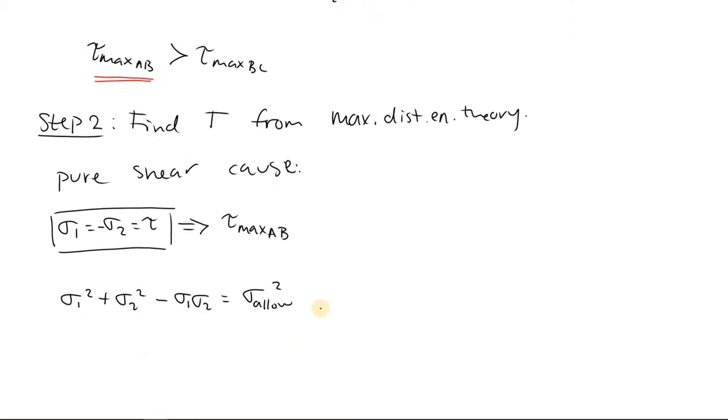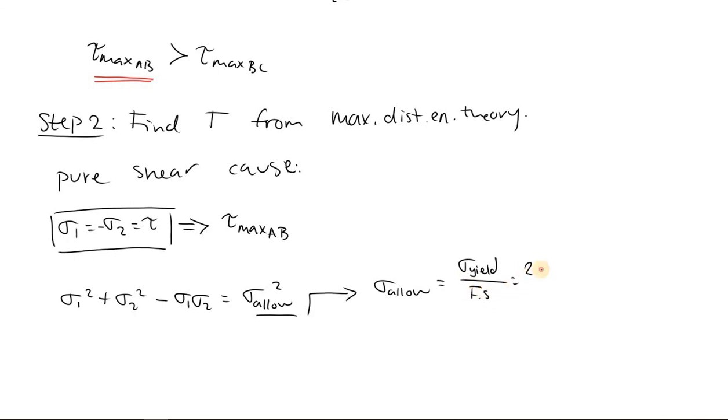So the first thing we want to do is find this allowable stress, and we will find that from our yield stress that we were provided and the factor of safety. So it's simply our yield divided by factor of safety.